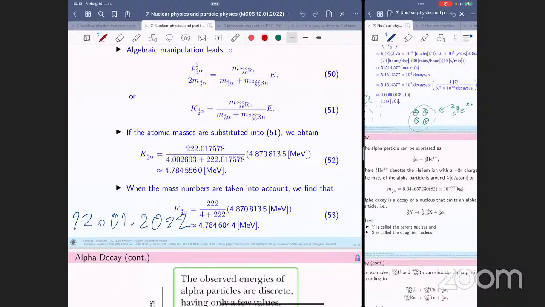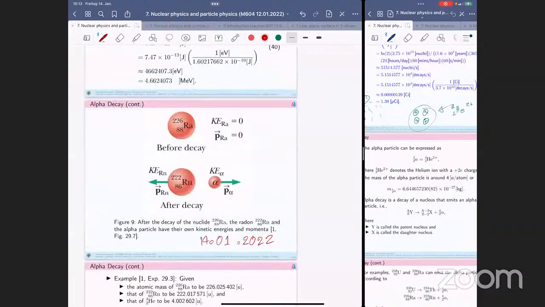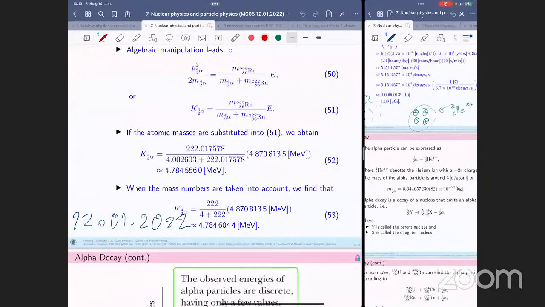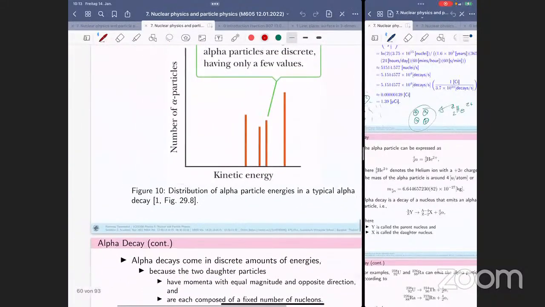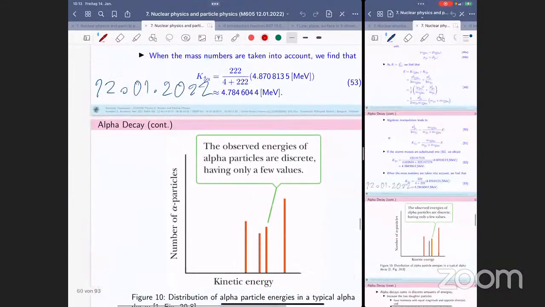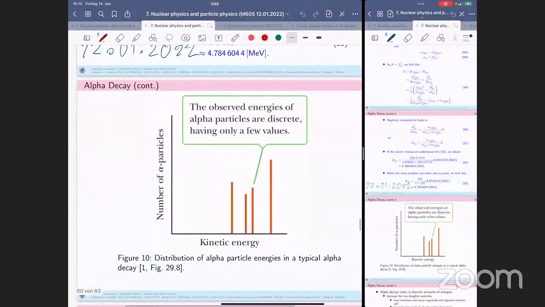Yes, let's open the file for M605. We arrived at the alpha decay results.